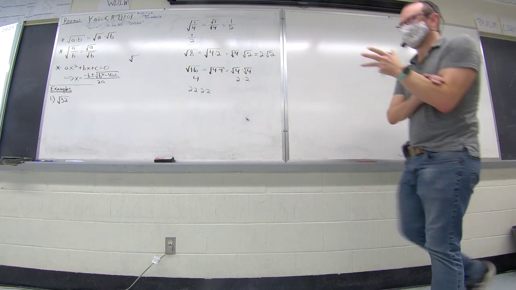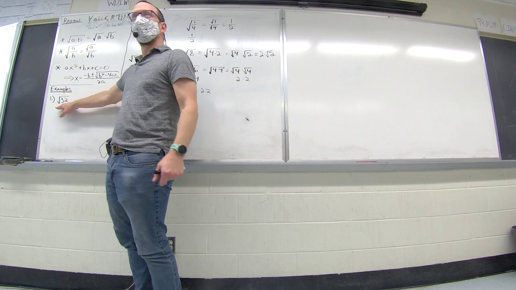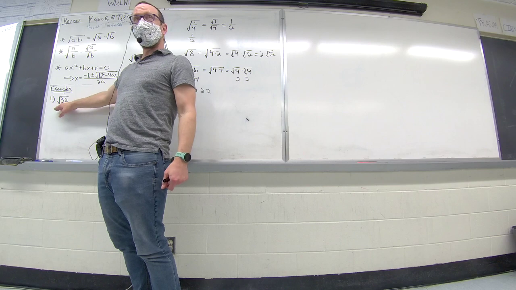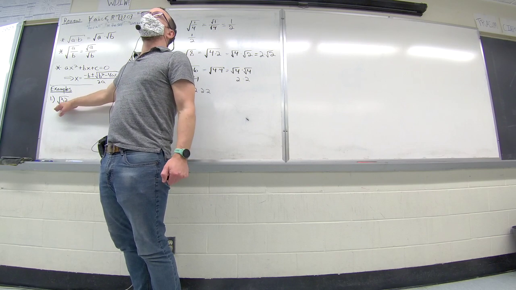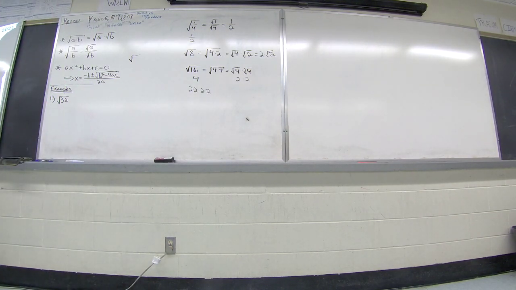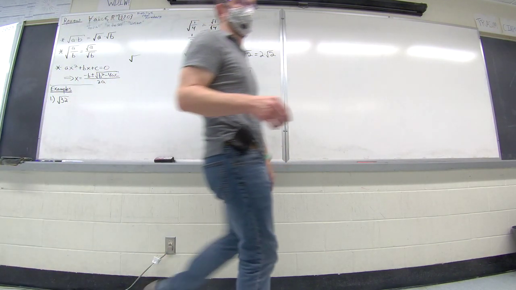So I'm just going to tell you that what I mean by simplifying this radical is taking this thing and pulling as many perfect square factors out of it, identifying perfect square factors, and then using this rule up here to pull them out from underneath the radical. So I want to walk around and see everybody trying to do that. Write 32 as some product of a perfect square factor and a non-perfect square factor.